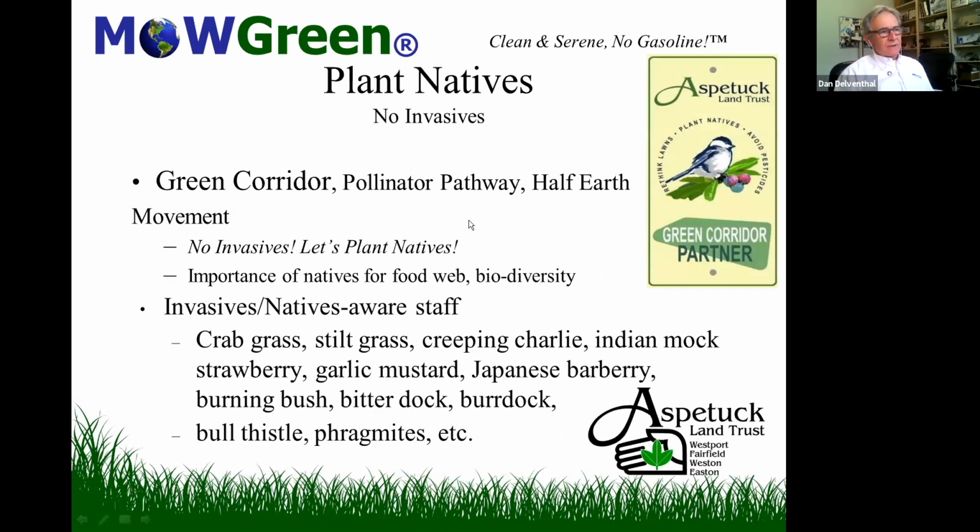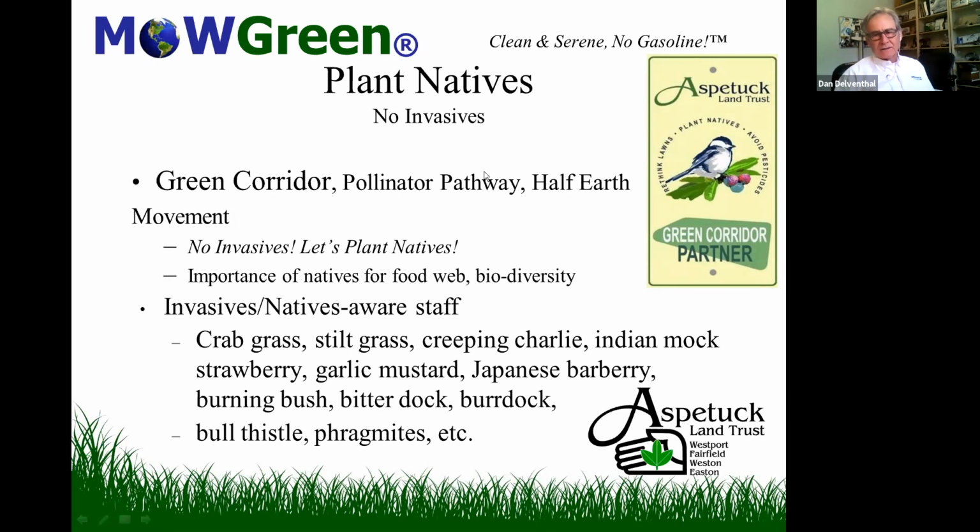No invasives. We really appreciate the work of the Green Corridor, Aspetuck Land Trust. We're proud to be partners as vendors in the Green Corridor initiative. Pollinator Pathway, the Half Earth Movement, which is the same term. We need to keep half the world wild for the biodiversity.